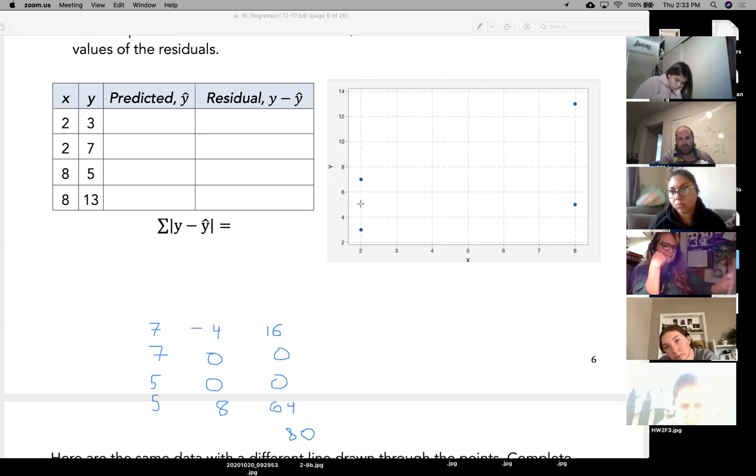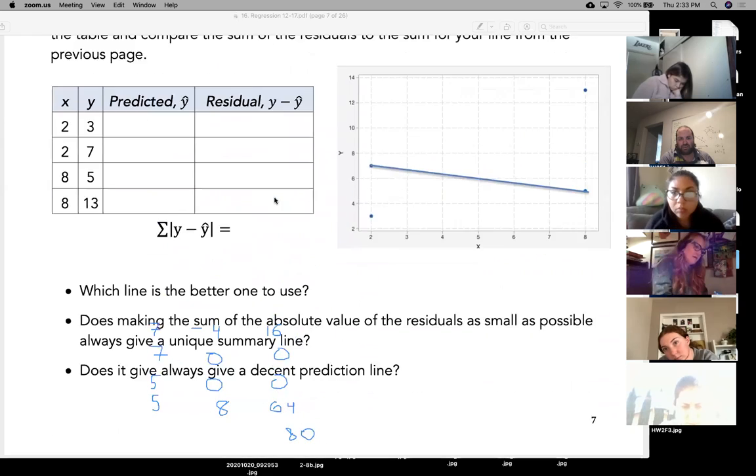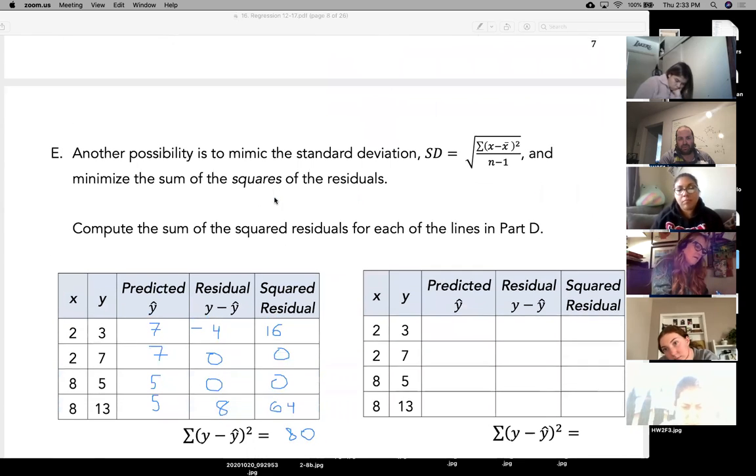But if I go here and do this one, which I think might be the best, let's remind ourselves. We had 5, 5 for my predicted, and 9, 9 for my predicted. So let's go to the other one and put in 5, 5 and 9, 9 for my predicted.